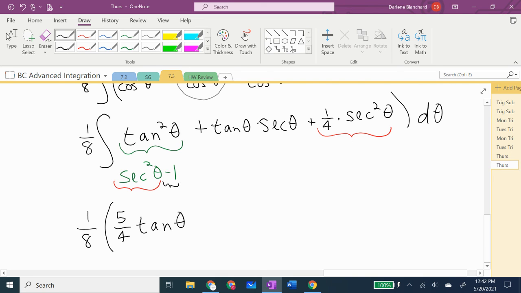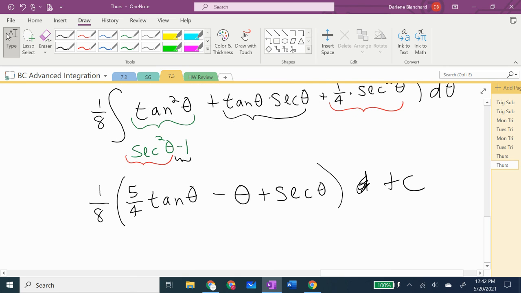I have my minus 1, integrates to theta. Then I have tangent times secant is the result of the derivative of secant. And I already dealt with that last piece, plus c. And now I just need to convert back.